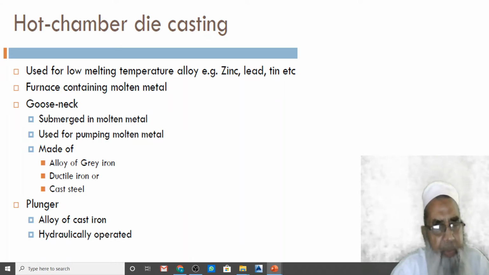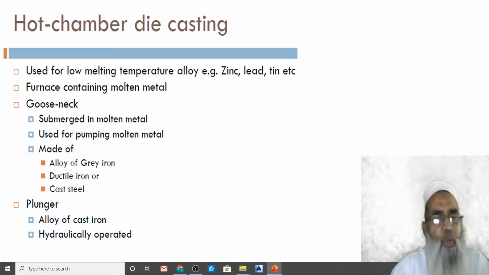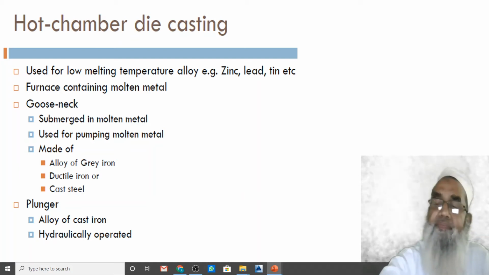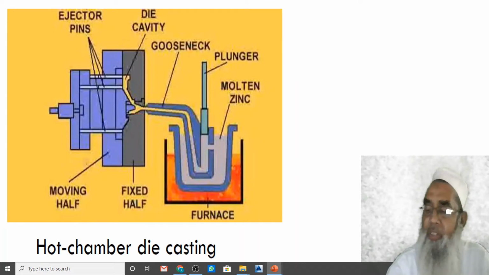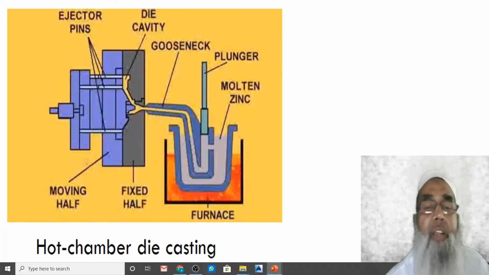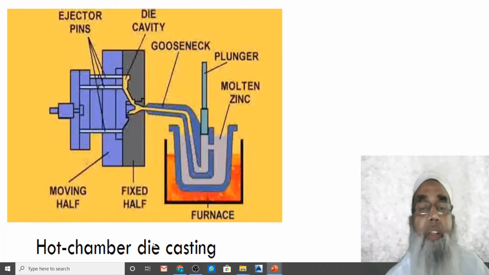There is a plunger also, made of cast iron, which is hydraulically operated and used to pump the molten metal. This is a schematic diagram of a hot chamber.